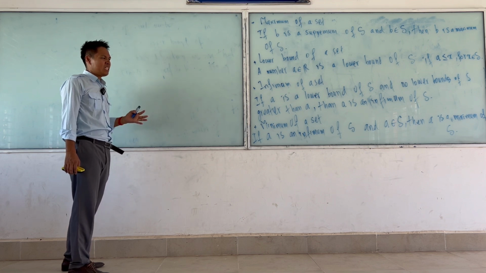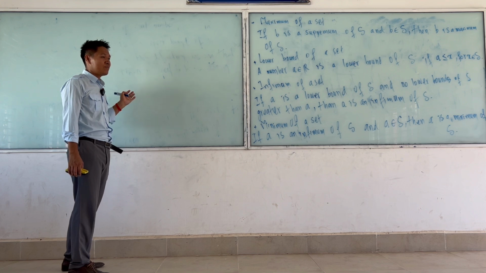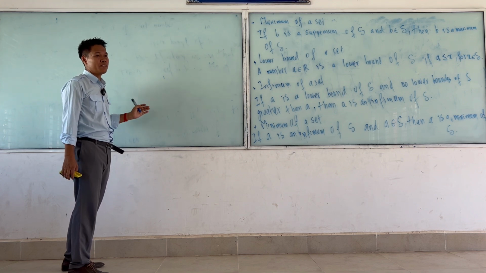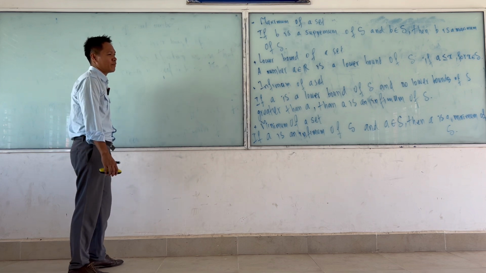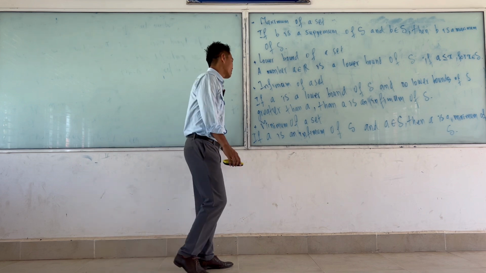Some sets are bounded above but not bounded below, so we just say bounded above. For the word bounded, we need two conditions, below and above.